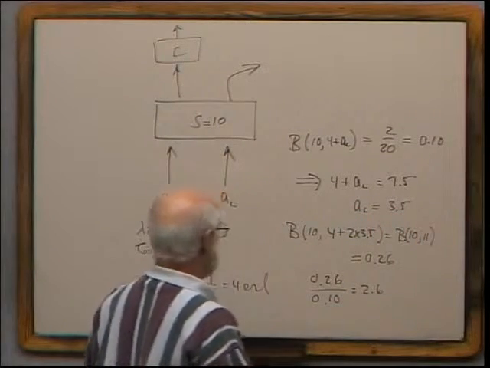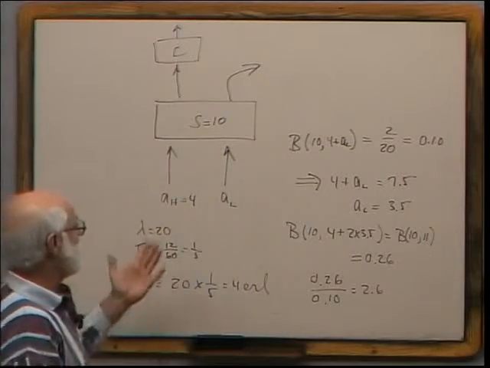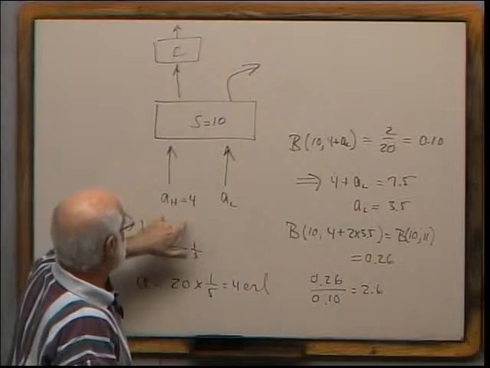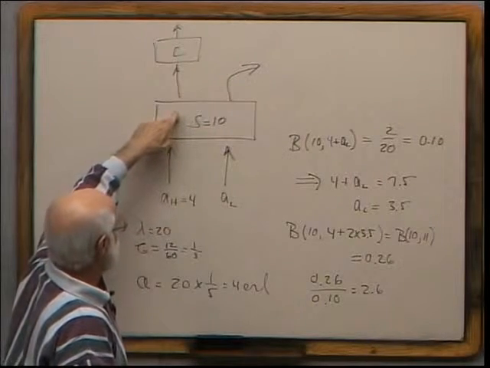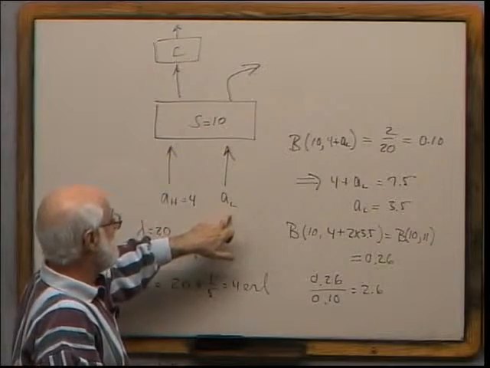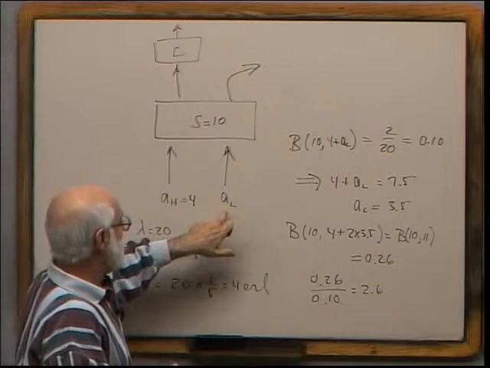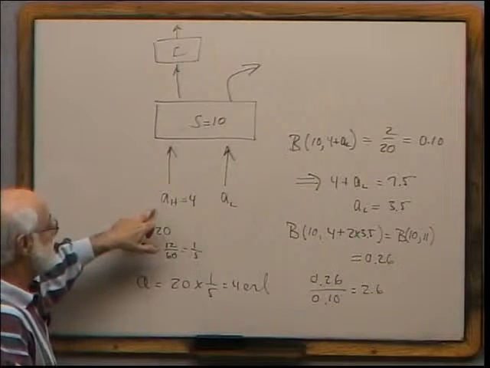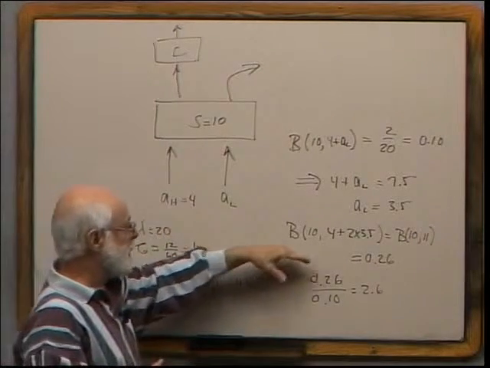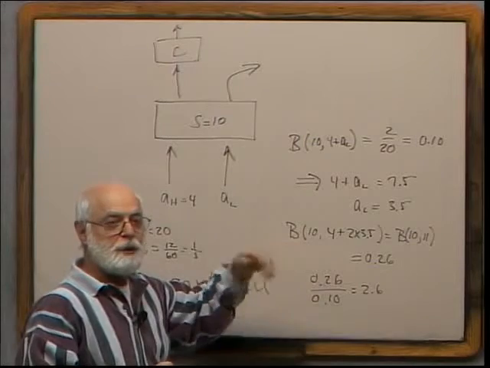What it says is, I have a high priority stream, I know the number of Erlangs, I know the number of servers, and I know the overflow rate. I don't know what's here, but I'm going to tell you that this is going to double, and I want to know what the effect is going to be over here. And the answer is the overflow rate is going to go from 10% to 26%, or in other words, it's going to be 2.6 times larger than it was before.